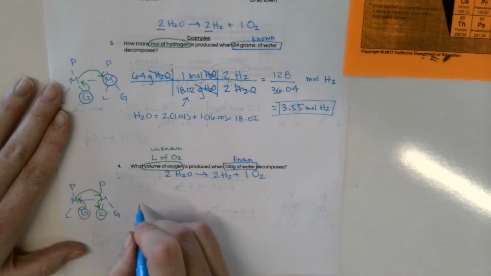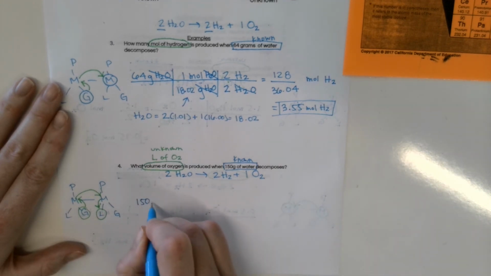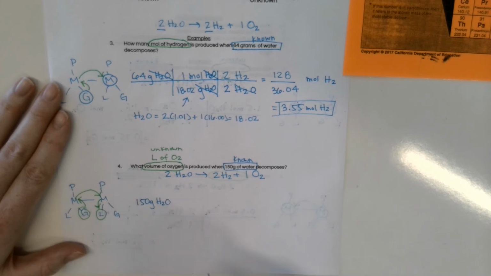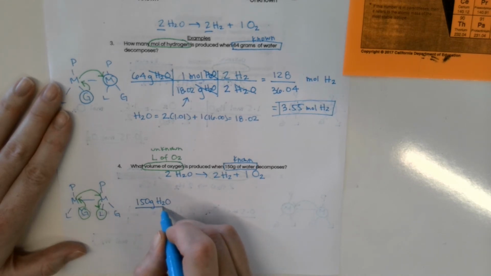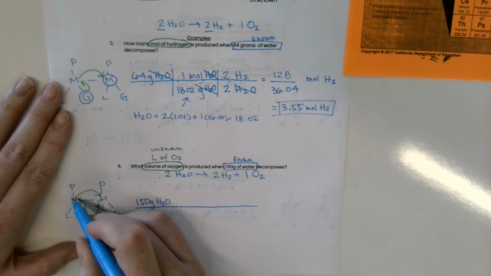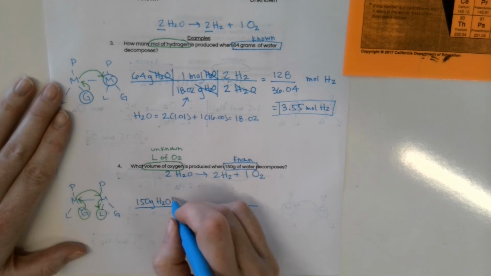So we'll start by writing our known 150 grams. Write the formula H2O. Again, do not just write 150. Do not just write 150 grams. I need 150 grams of water, and it's going to take me a couple steps to do.